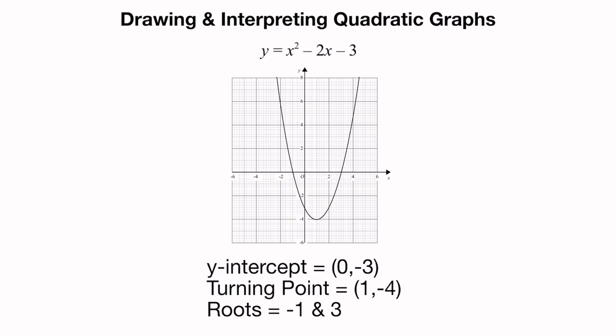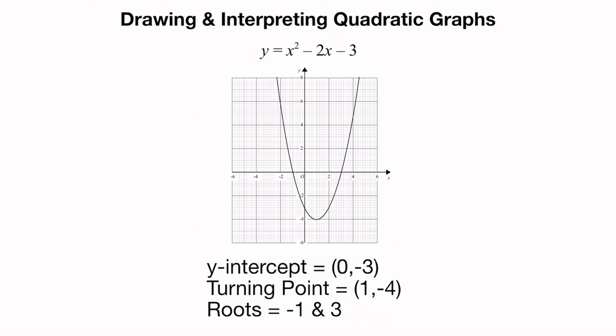Here you can see that at the coordinates 1, minus 4, the curve goes from going downwards to going upwards. So it's either the highest point or the lowest point, but I think the easiest way is to remember just where the curve turns, where it changes direction. That's why it's called a turning point.